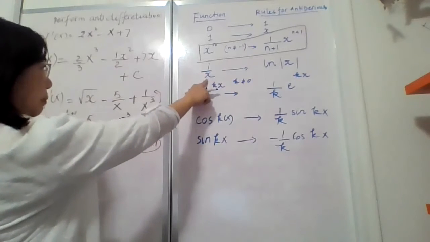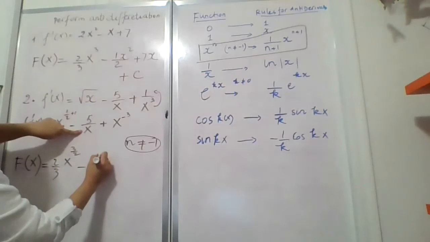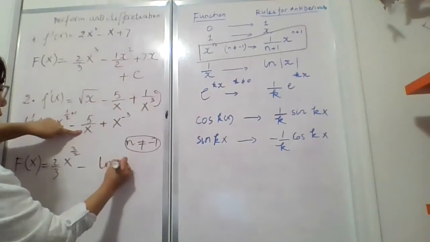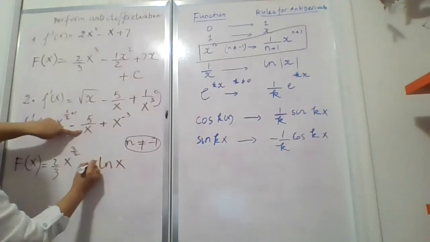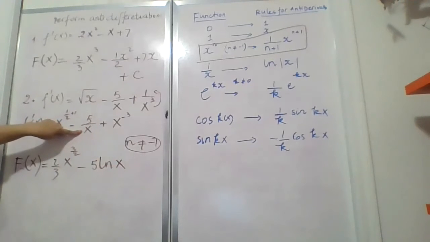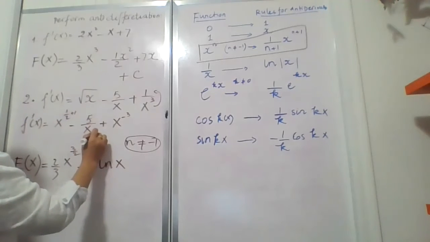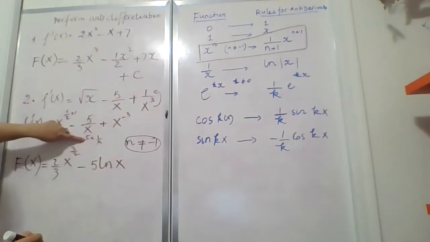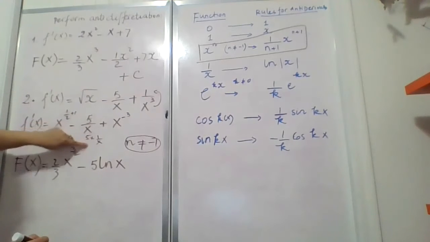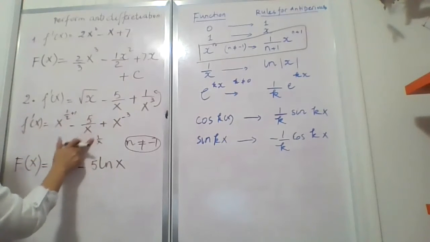If you have 1 divided by x, it equals ln x. So this obviously equals ln x. However, you have 5, so you have to tie it with it, so that becomes 5 ln x. Because this is the same as 5 times 1 over x, right? And this is just 5 itself, just the number 5. And you change this to become ln x, right?